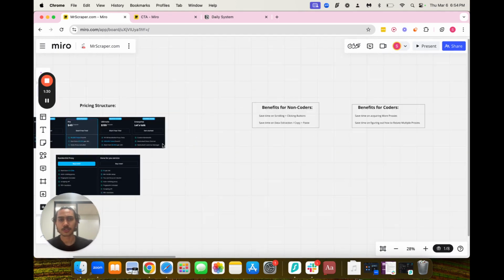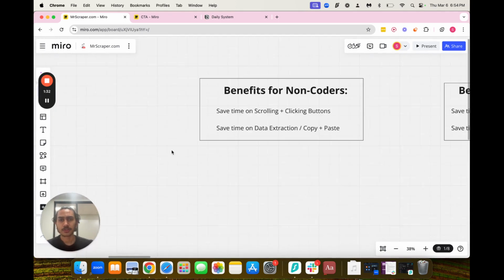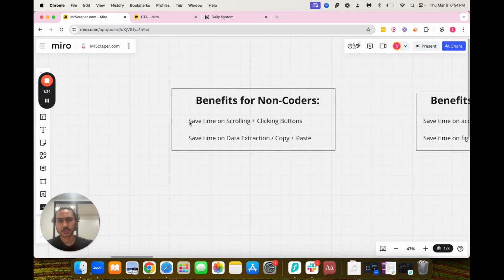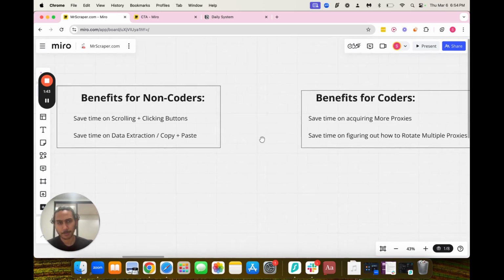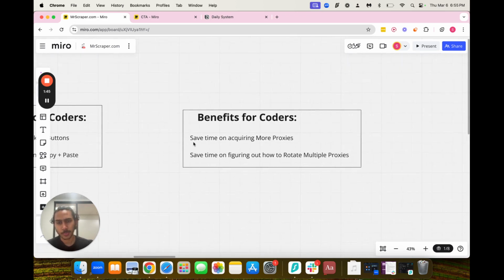And then moving on, here are the benefits for non-coders. You save time on scrolling and clicking buttons, and you also save time on data extraction, aka copy and paste. And the benefits for coders is you save time on acquiring more proxies, and you save time on figuring out how to rotate multiple proxies.